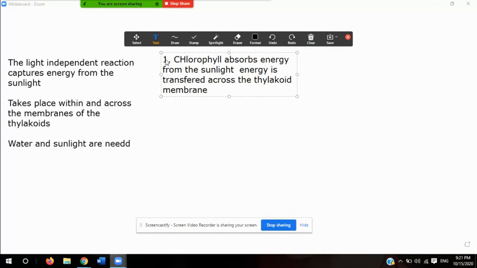It says water is broken down into oxygen and released. So basically, the chlorophyll absorbs the energy, it's transferred across the thylakoids, and then water is broken down into oxygen.